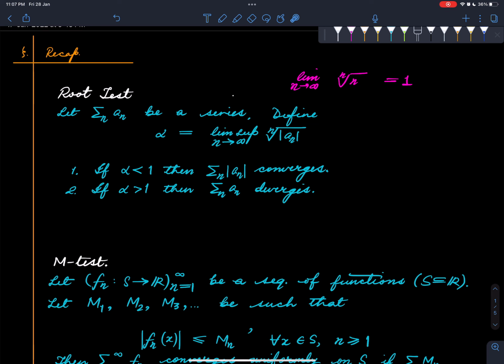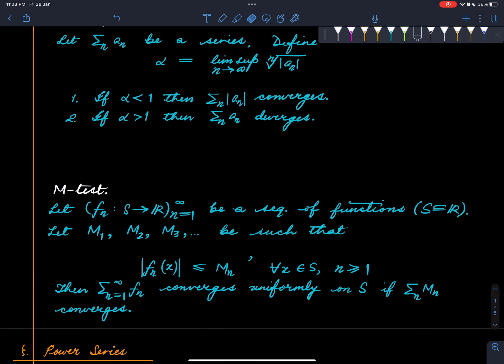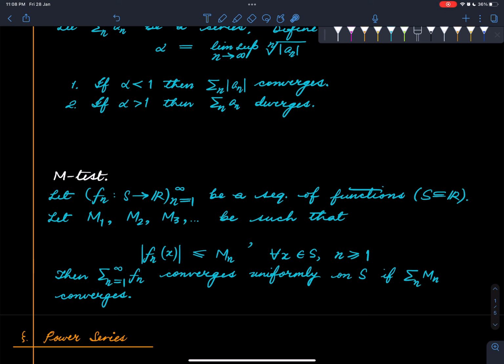Okay, so this is something that we did earlier, and another thing that we'll need is the Weierstrass M-test, which is a criterion to decide if a given series of functions is uniformly convergent. Given a sequence of functions, we can form this series of functions, and then the Weierstrass M-test says that suppose you have a sequence of numbers m1, m2, m3 such that fn is bounded by mn pointwise.